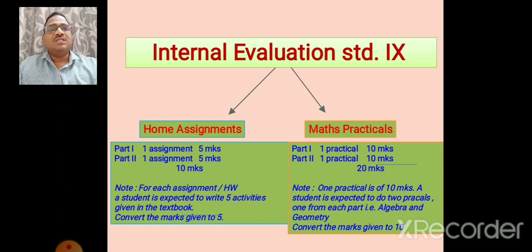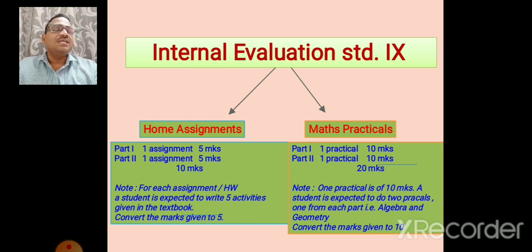You have to give one assignment for each part, that is Math First and Math Second, for 5 marks. One assignment for 5 marks for Math First, one assignment for 5 marks for Math Second. Then in second term, you have to give one mathematics practical, one practical for each paper, that is Math 1 and Math 2, each for 10 marks.